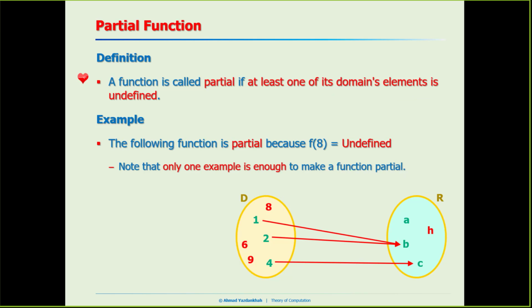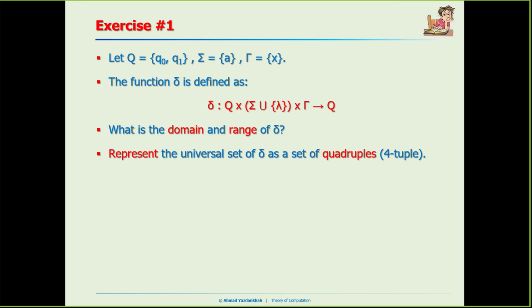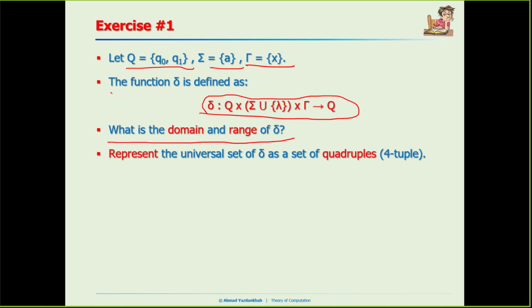Let me show what I have for you as an exercise. In this exercise, I gave you the definition of the function based on this Q and this sigma and this gamma. And I asked you to first of all find out what is the domain and what is the range. And then I asked you to represent the universal set of this delta as a quadruple, a set of quadruples. So you see, this guy is 2, and this guy is 3, right?